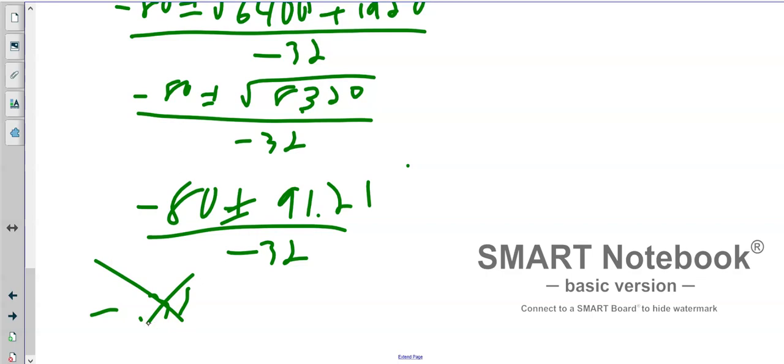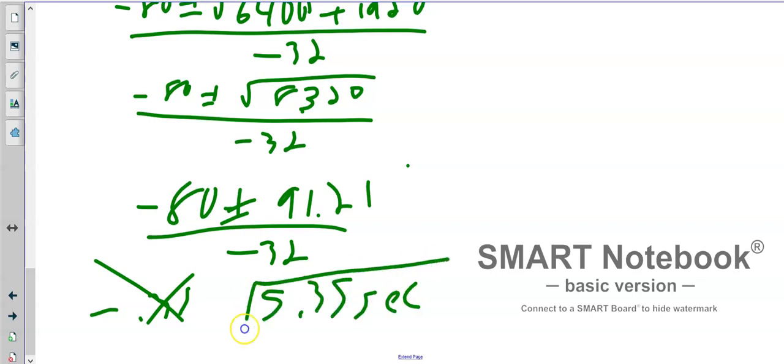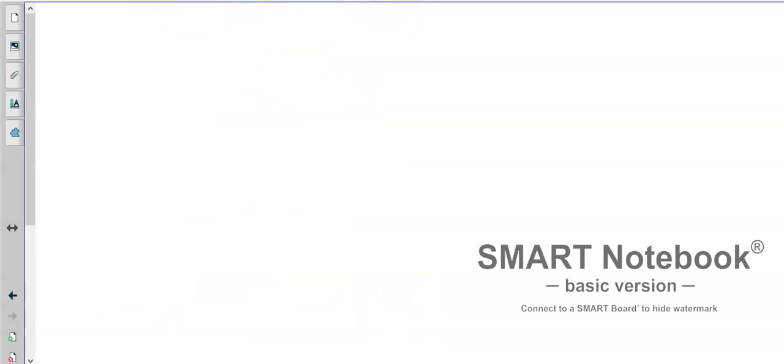So we do negative 80 minus 91.21, which is negative 171.21, divided by negative 32, and that's 5.35 seconds, which we said was between 5 and 5.5. So there's our answer. And that's it.